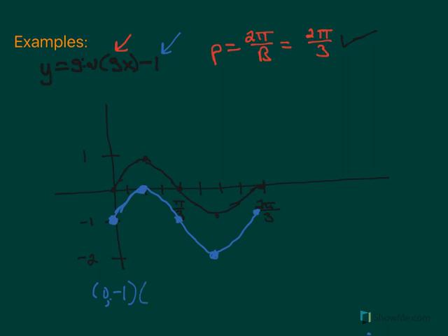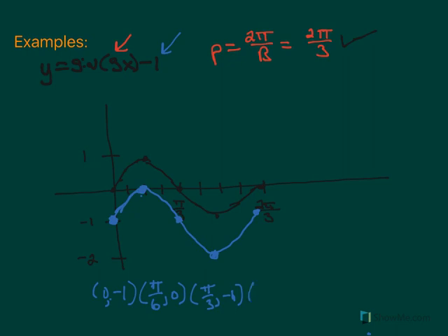The next key point, if this was a third, then 2 boxes is going to be a 6. So your x value is going to be pi over 6, comma 0 on the y value. And the next one's going to be at pi over 3 for the x, comma -1 for the y. And we're going to go 1/6, 2/6, 3/6, 3 over 6.